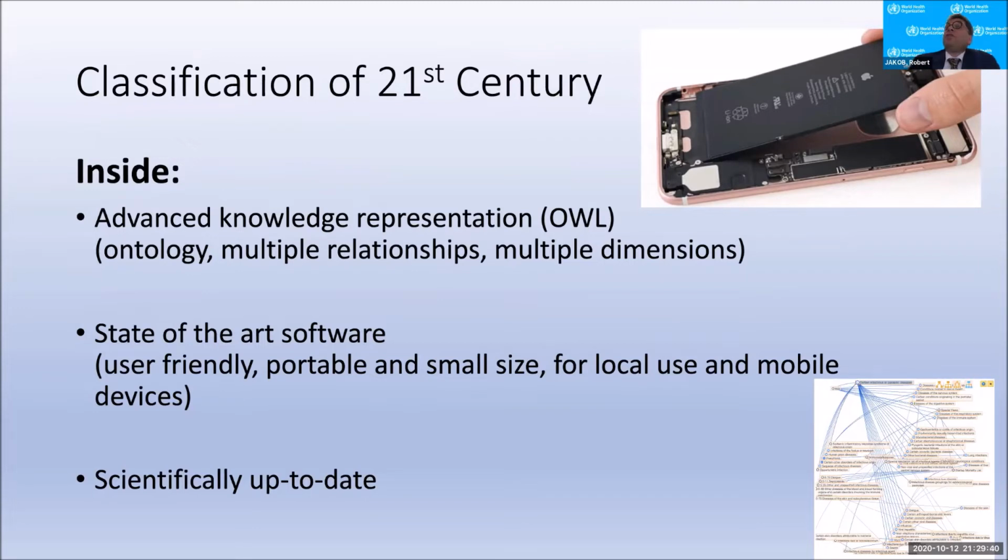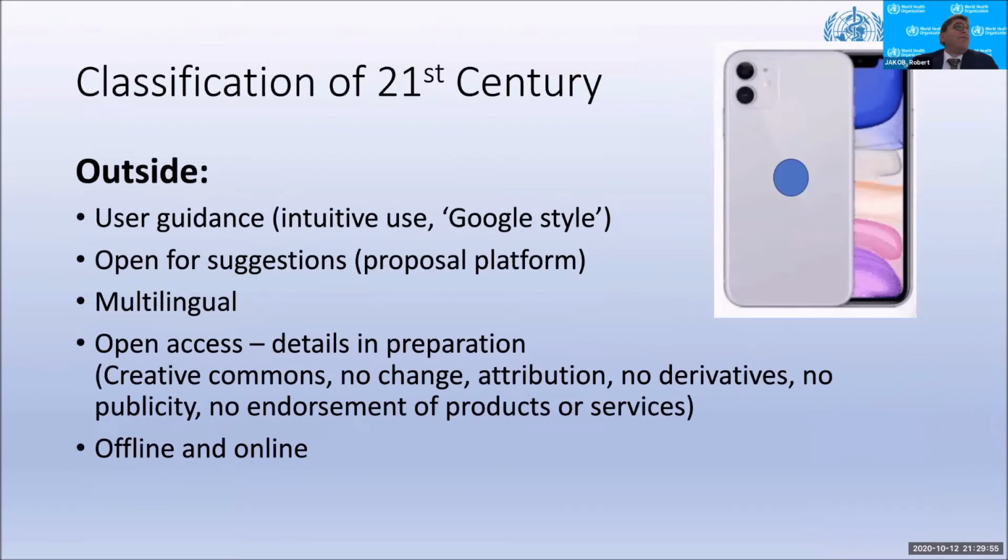Nobody is worried to use a mobile phone because of the technology that is inside. So highly complex logical relationships. But we're happy to use the outside of the phone with this feature that has user guidance, this Google style coding.